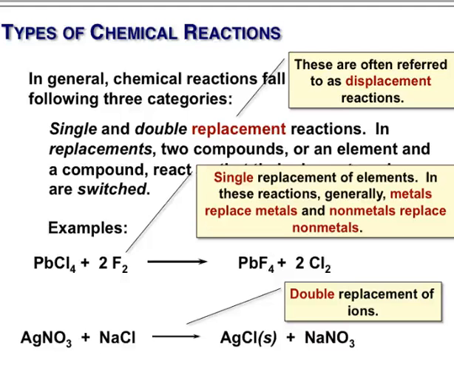When they react, they simply swap ion pairs. Silver pairs up with chlorine, sodium with nitrate. It's a double replacement of ions. Some books call these displacement reactions, not replacement, but whatever. Any questions?